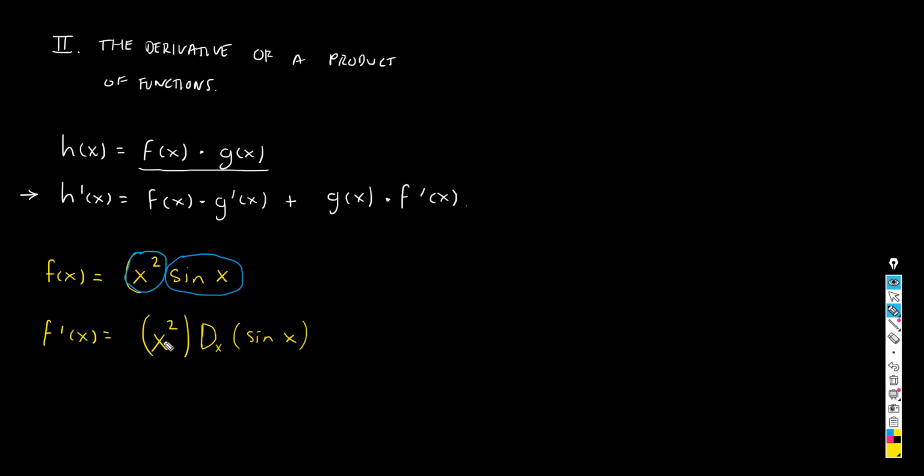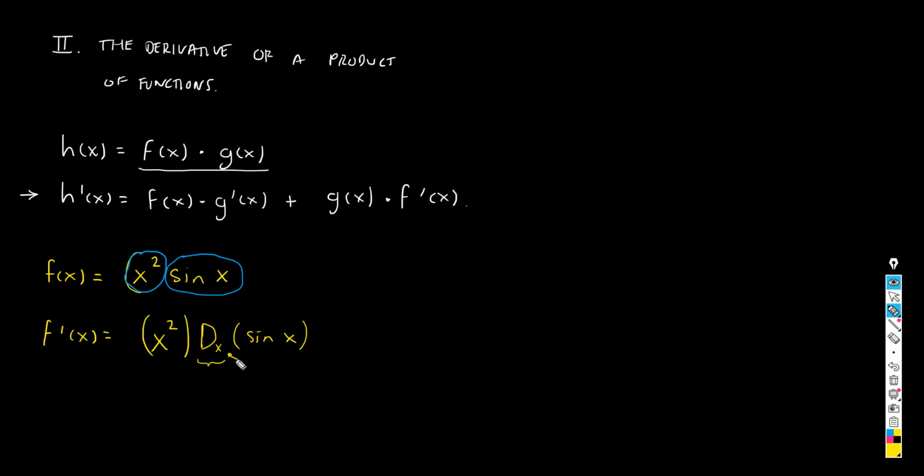The first function times the derivative of the second. You're going to read this as the derivative of the second function. Now, why the x in there, I'm going to tell you a little later, okay? The complete reading of this is the derivative with respect to x of this function. But if I say the derivative with respect to x, that doesn't ring a bell to you, right?